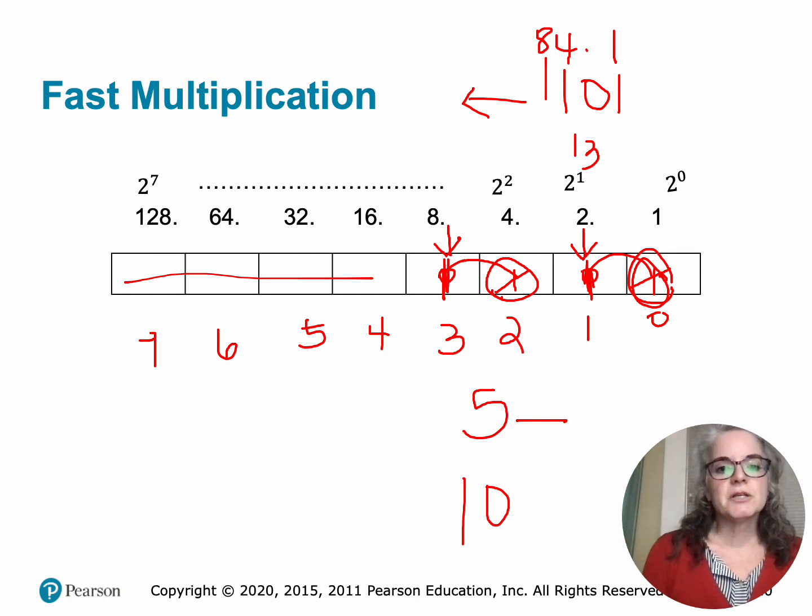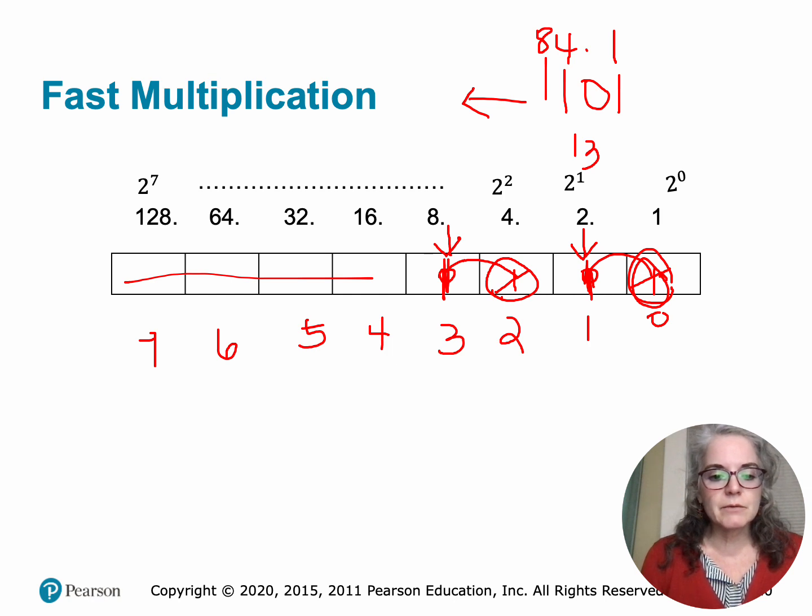And now if I shift the bits left 1, let me erase this down here. So I'm going to shift my 1, 1, 0, 1 to the left.